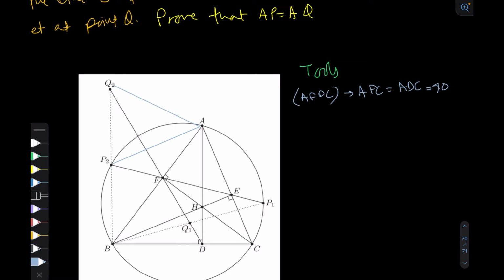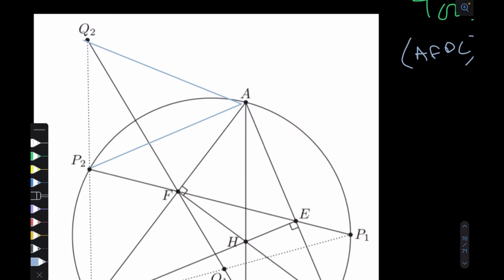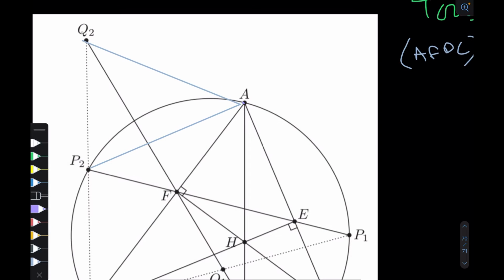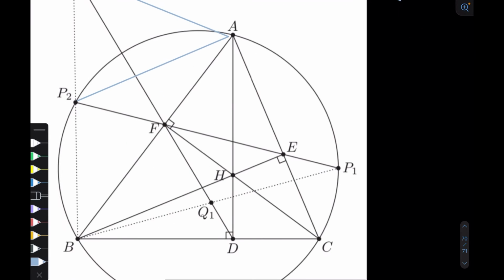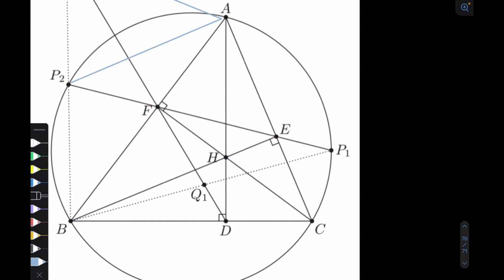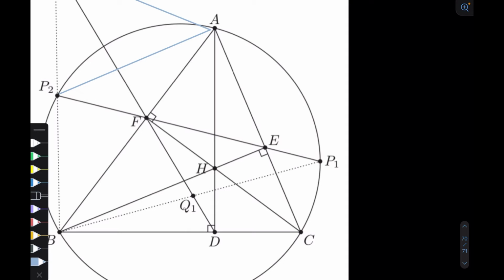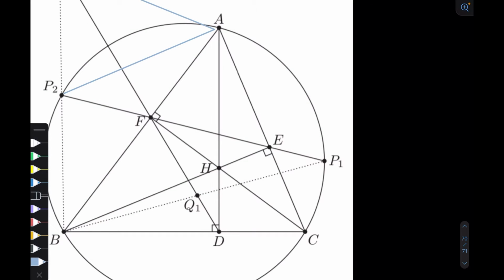But what I'm seeing here currently is that this certain quadrilateral, that is AP2Q2P2F, seems like a cyclic quadrilateral in itself. And also if I look over here, AP1Q1F also looks like a cyclic quadrilateral.